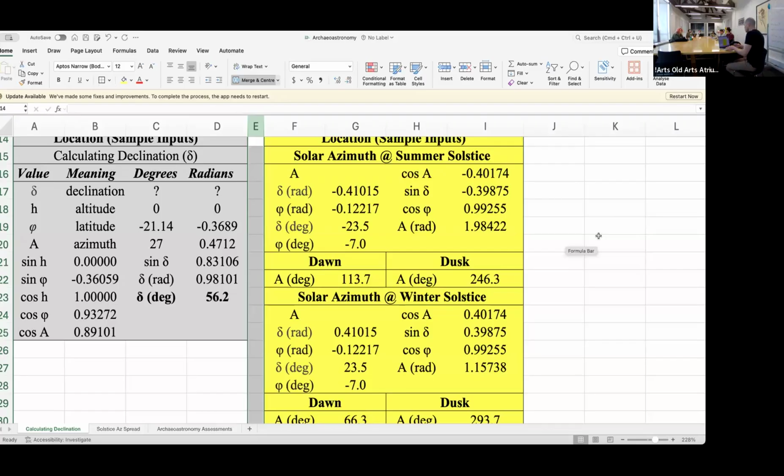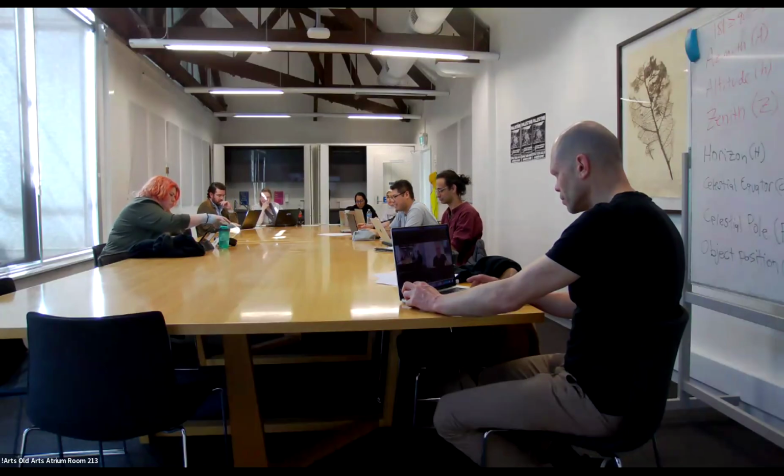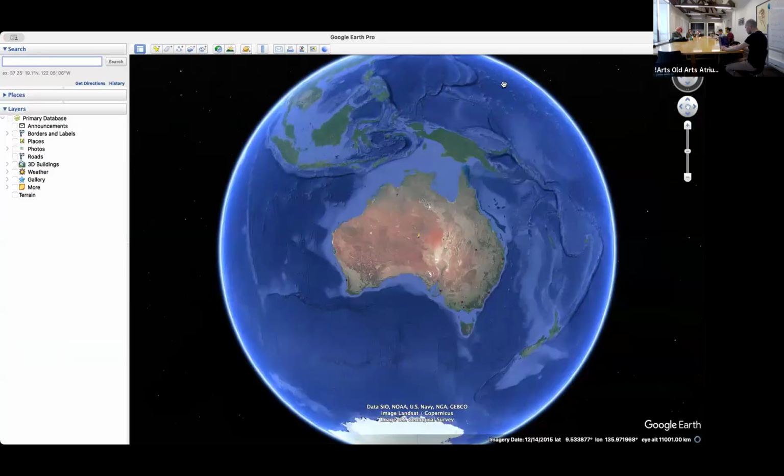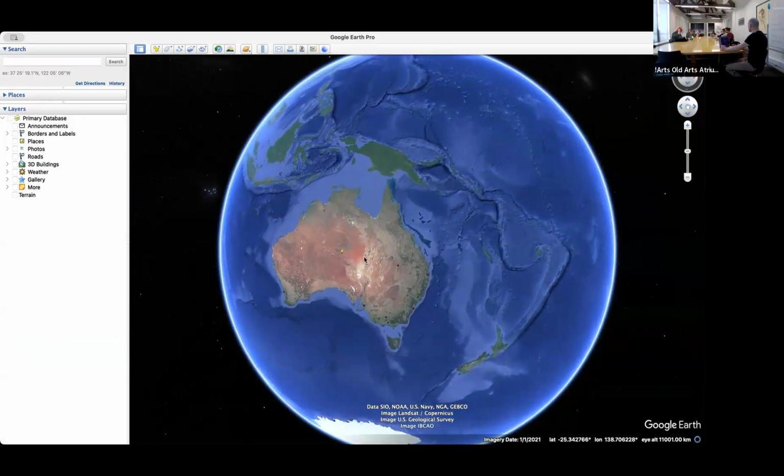The next part of this is just to do something a little bit different. What we're going to do now is pull up Google Earth. Everybody have Google Earth uploaded onto their computers?